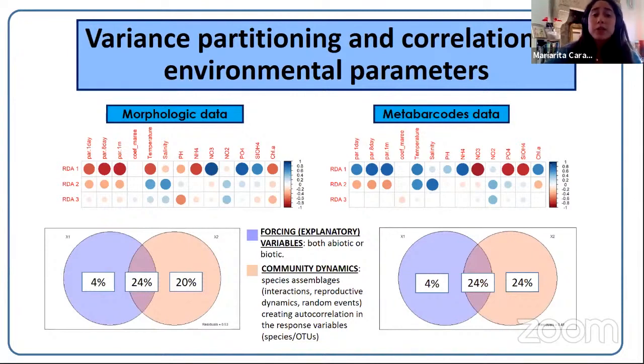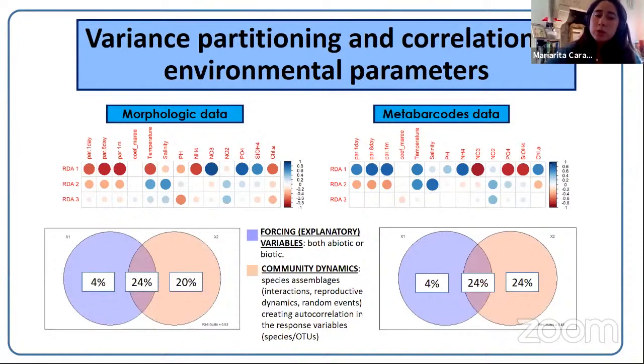The same kind of correlation was detected in the second axis, but not as strong as the first one, which is the one that explained most of the variance. For the third axis, we thought it could be related to the tide amplitude because of this biannual pattern, and in fact we found a tiny correlation with the tide amplitude and with nitrate. But these results, of course, still have to be better checked.